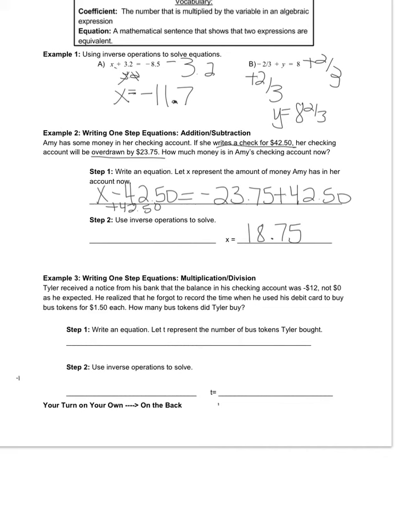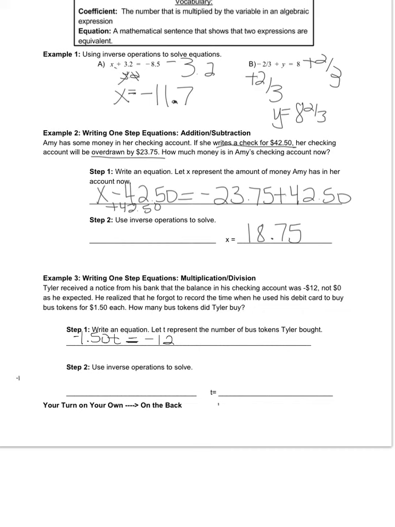So we're going to use the variable t to represent how many tokens he bought. We know that one token costs $1.50. So if we know how many he bought, we would just multiply the number that he bought times the cost of one, and we know that whatever amount he bought, it equaled negative $12.